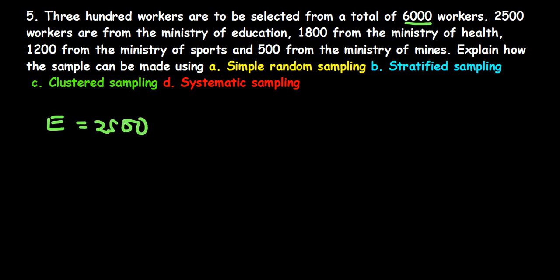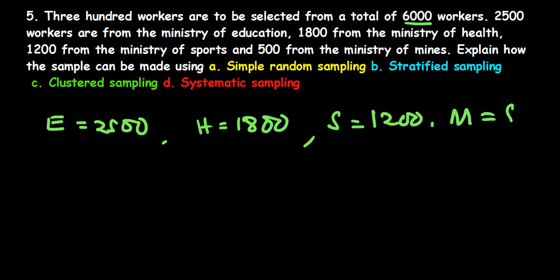Ministry of Health, we have what? 1800. And then Ministry of Sports we have 1200, and then Ministry of Mines we have 500. So this is the first step under clustered sampling: you divide your population into clusters like that.